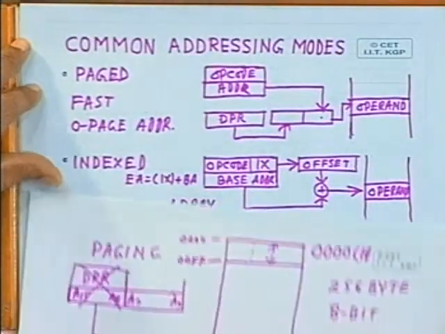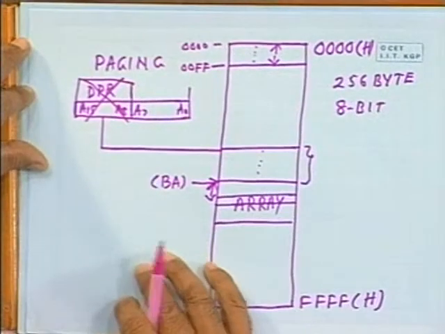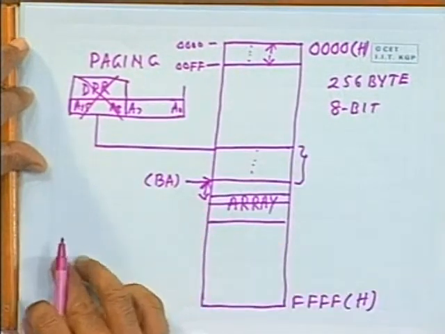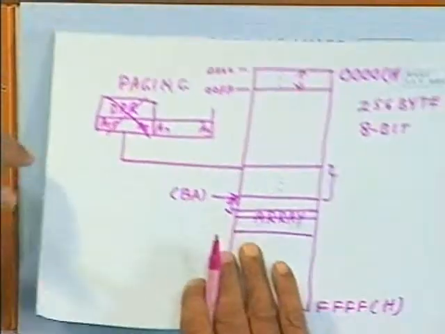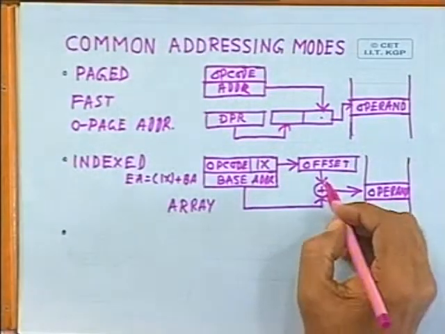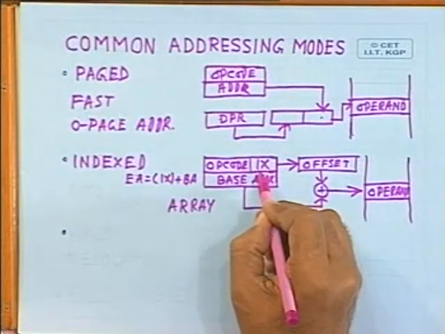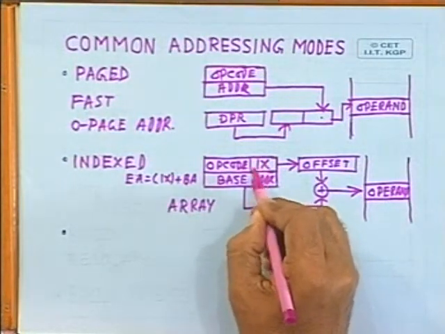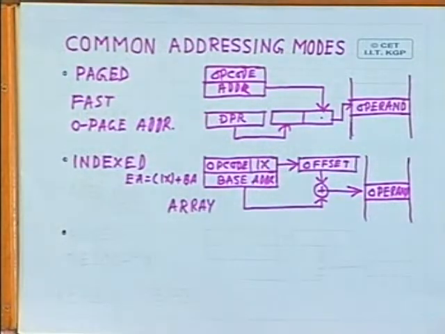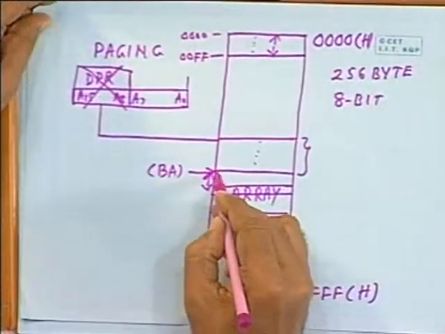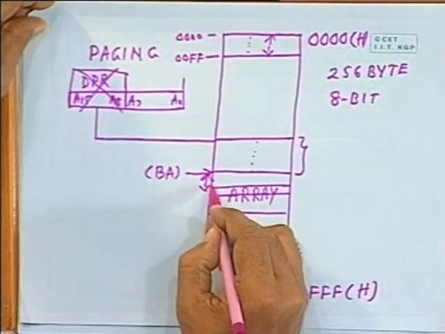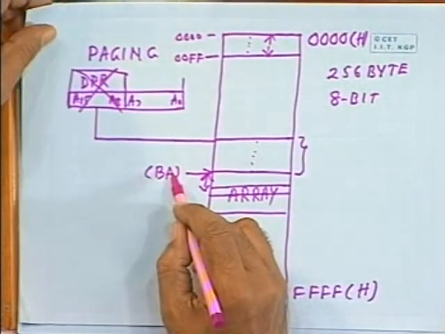So you can implement an array with the help of indexed addressing, and you can access different elements of the array just by changing the content of the index register. The index register can be changed to point to any element of the array. If it is 0, it will point to the first element. If it is 1, it will point to the next element, and so on, without modifying the base address.